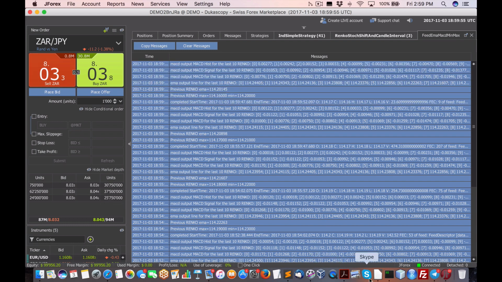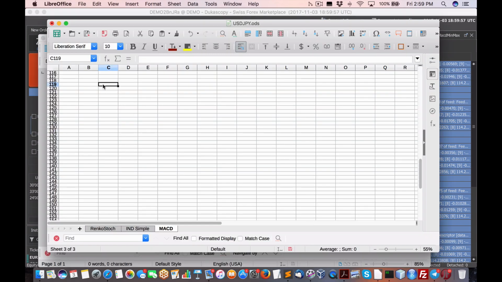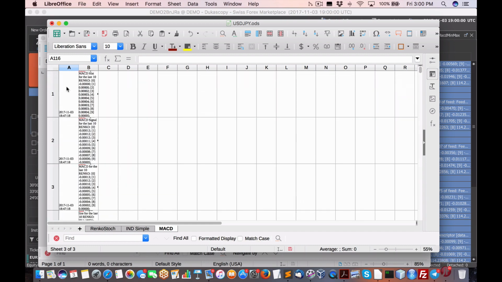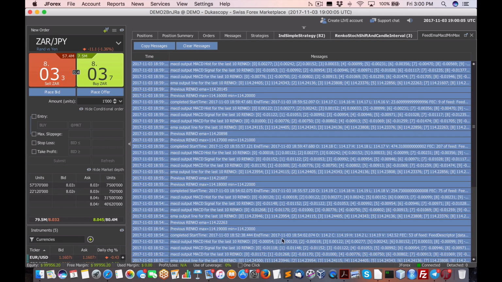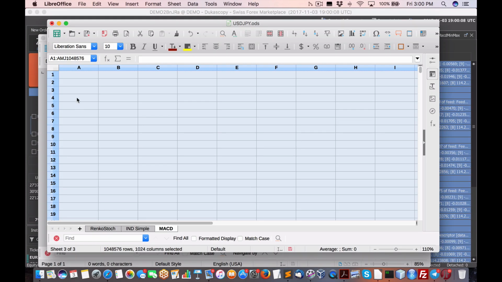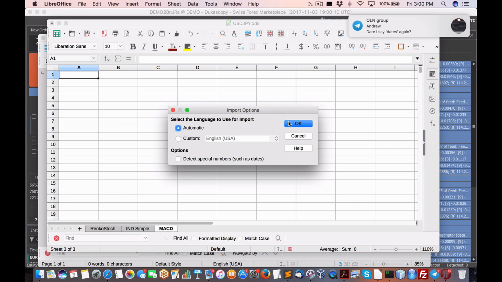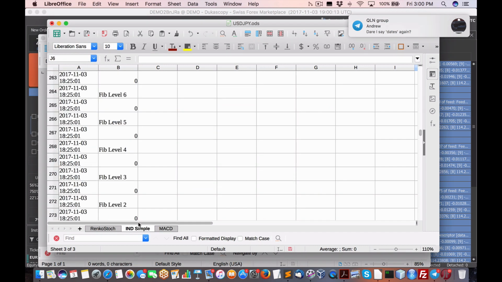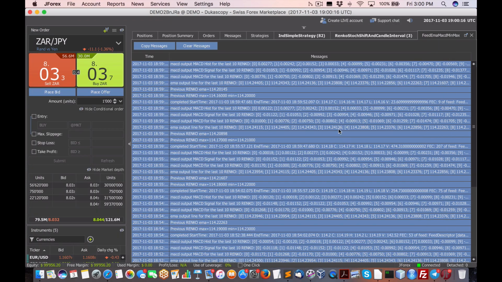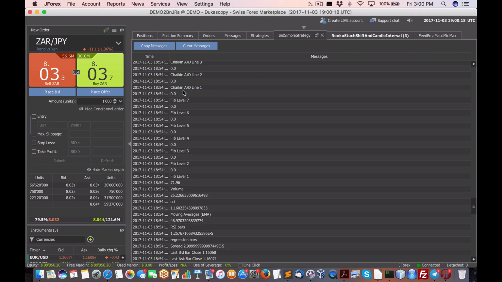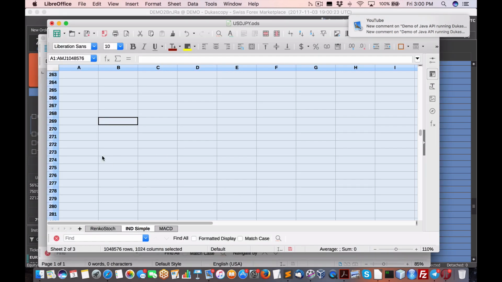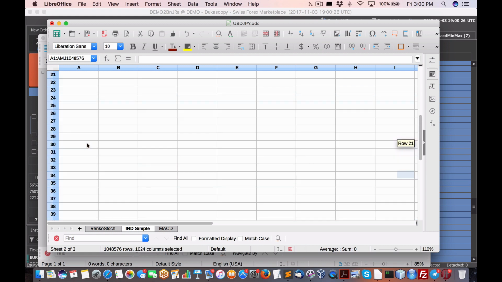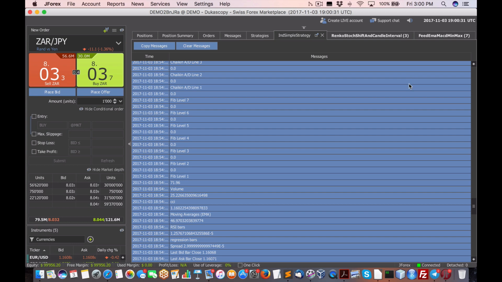Let me just get that. MACD. Hope you don't mind me doing this copy. And then of course we need the simple indicator. Okay, so lastly, oh yeah, that is blank. So let me just copy that.